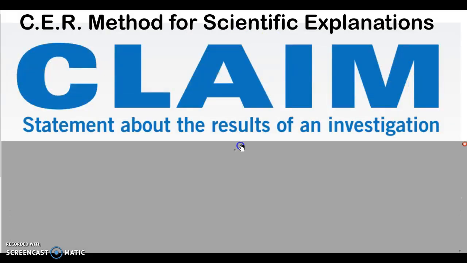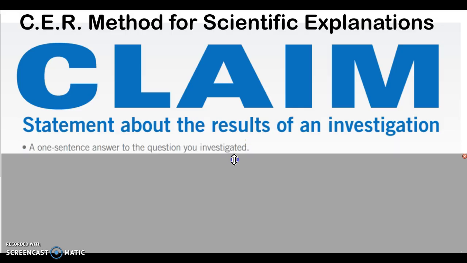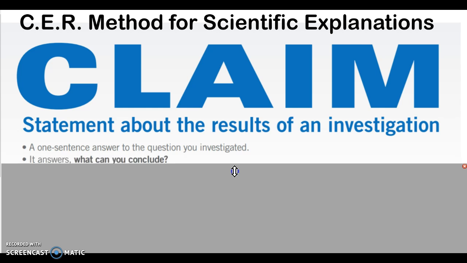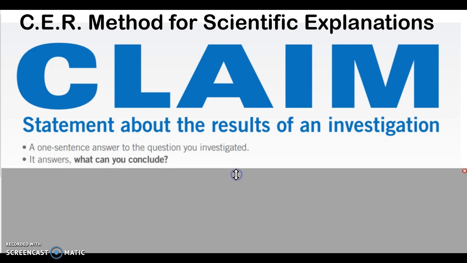So first of all, our claim is the statement about the results of an investigation. You're going to approach this in a few different ways. First of all, the claim is a one-sentence answer to the question you investigated. This can kind of relate to your hypothesis as well. Next up, the claim answers the question, what can you conclude?